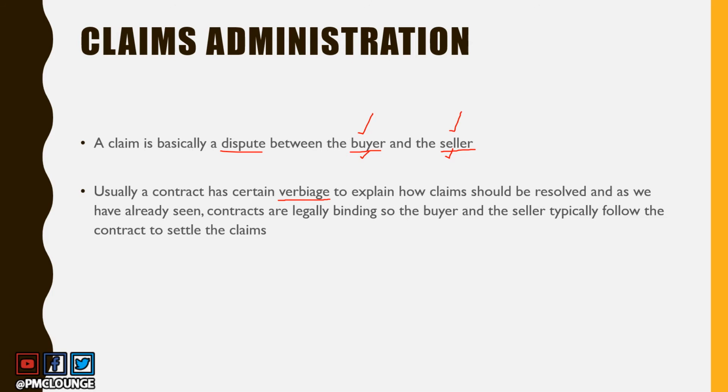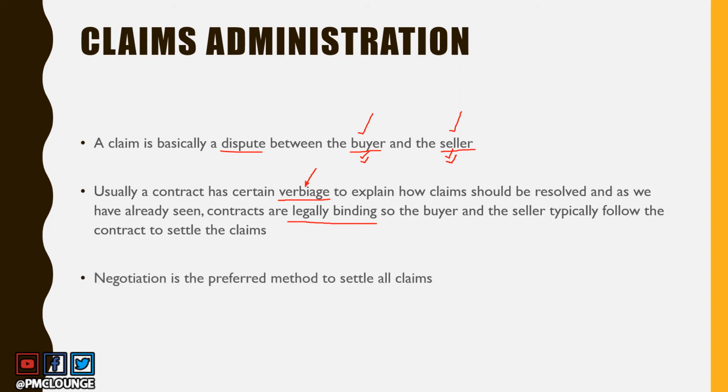But contracts are legally binding, which means when you as a buyer sign the contract with the seller, you have legally agreed to follow the procedure of settling a dispute, settling a claim that may arise as part of this project.